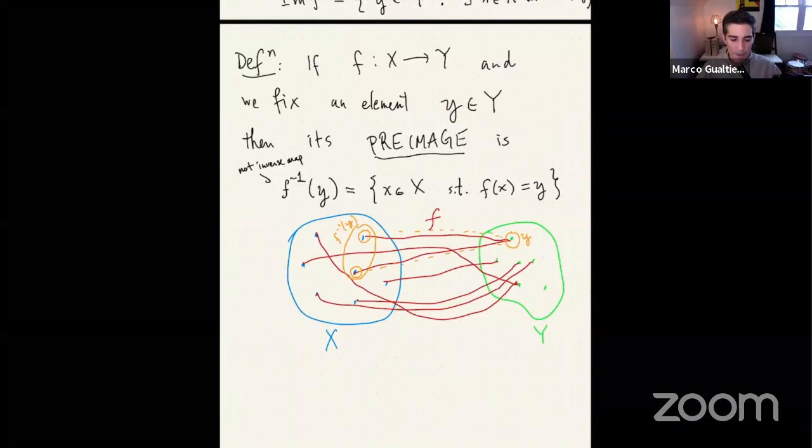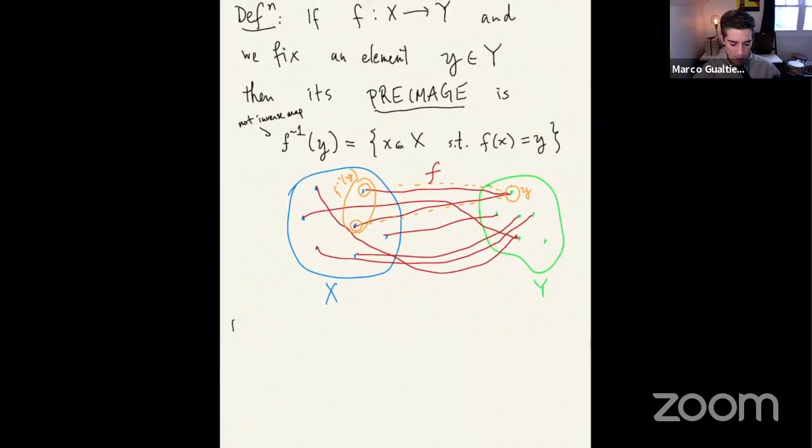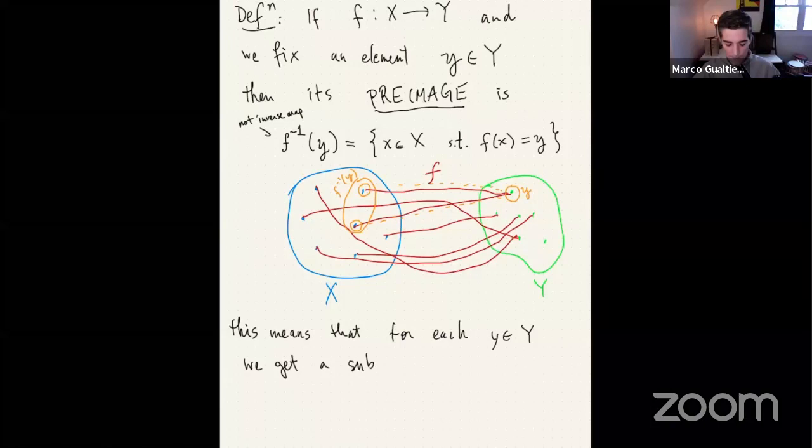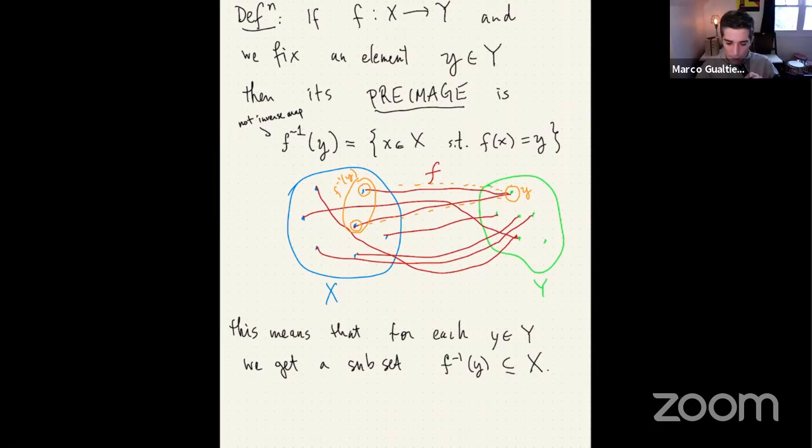So this is kind of interesting, because for each element in the codomain, we get a subset F inverse of y inside X. So once you give me a map, there's a whole bunch of special subsets that are defined by this map.